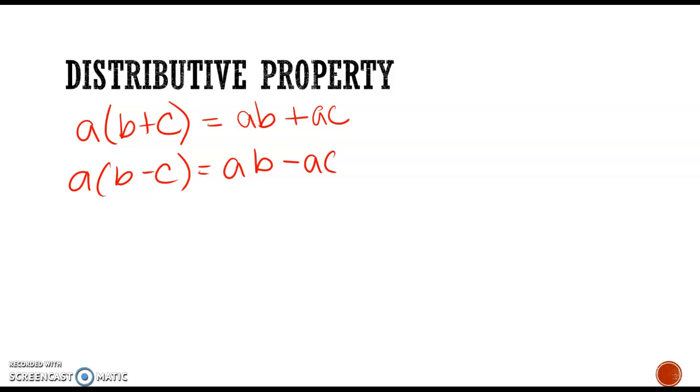Distributive property, we equally distribute our constant on the outside of the parentheses, or our coefficient, that's a better word for it because it is working with the parentheses. So we distribute the coefficient through our parentheses.